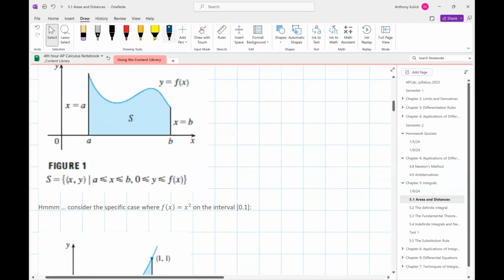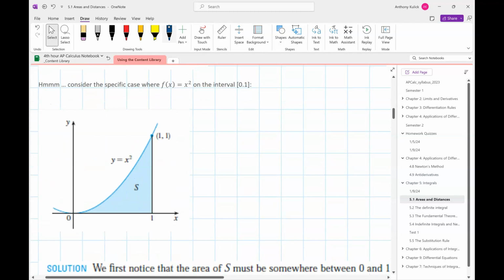So this is the idea. Let's back up a skosh to something a little bit simpler looking. We'll just look at the function y equals x squared, and we're just going to consider this from 0 to 1. So I'm just looking at the area under the curve y equals x squared from 0 to 1. Now, intuitively, right away, I can tell that area is bounded between 0. Obviously, it's bigger than 0 because there's an area here. I can see it.